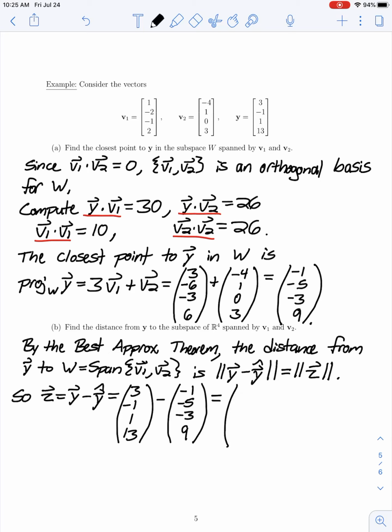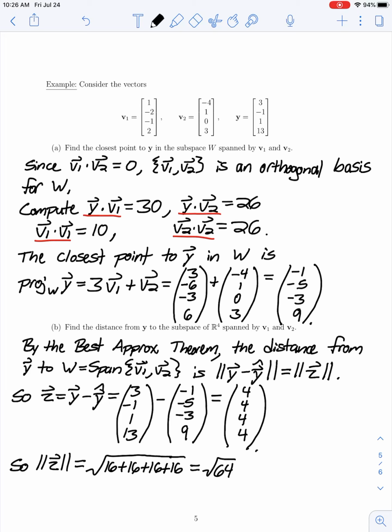So taking this difference, we have 4, 4, 4, and 4. So our distance that we're interested in is the length of this vector z, which is the square root of the sum of the squares of its components. So 4 squared for each term gives us a 16. So we're left with the square root of 64, which is 8.